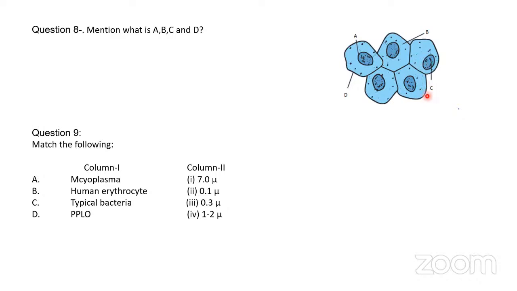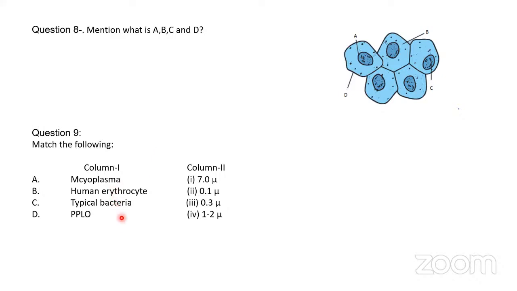So C represents the nucleus, and option A, which is the membrane of the nucleus, represents the nuclear envelope or the nuclear membrane. So A represents the nuclear envelope, B represents the cytoplasm, C represents the nucleus itself, and D represents the cell membrane or the plasma membrane.